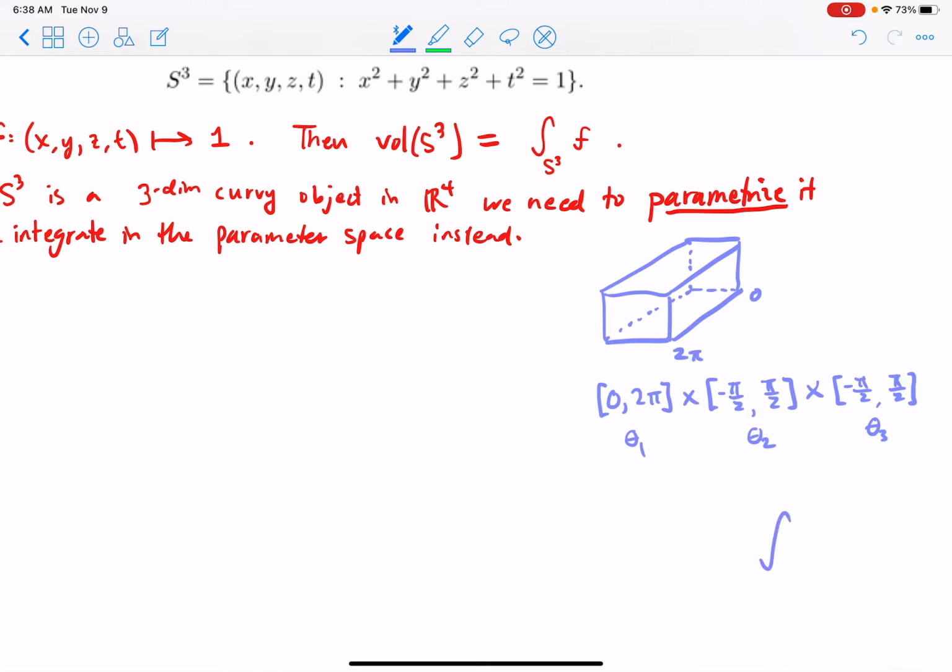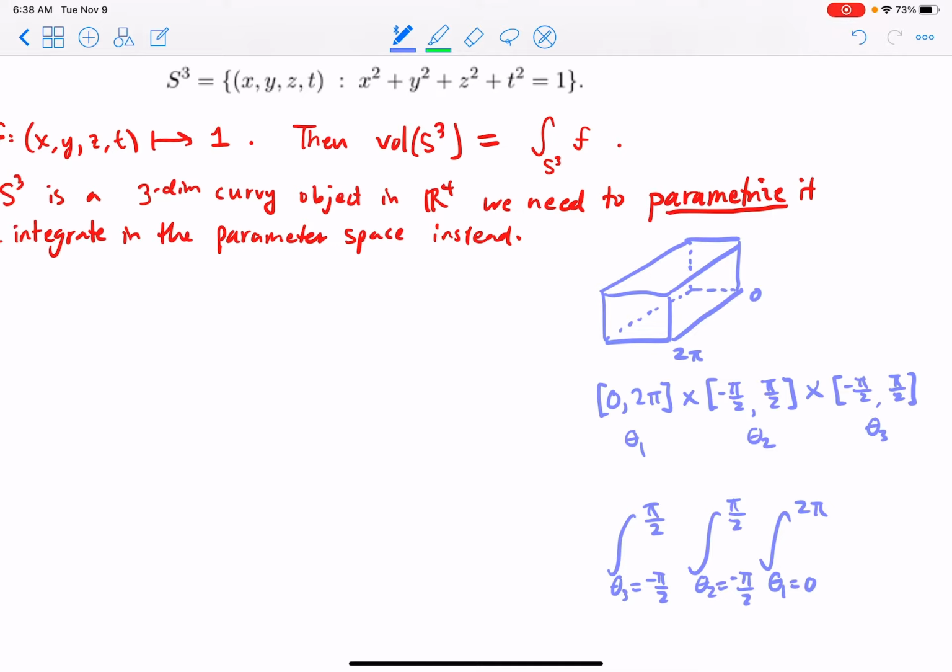So why don't we just integrate theta 1 from 0 to 2 pi first, theta 2 from negative pi over 2 to pi over 2, and then theta 3 from negative pi over 2 to pi over 2. And what are we going to integrate?